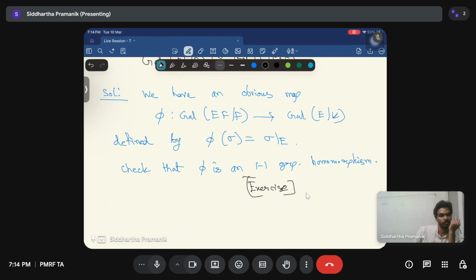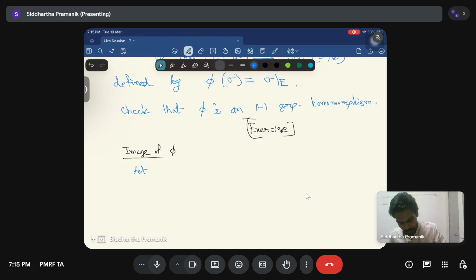Now let's determine the image of phi. Okay, so let H be the image of phi. Then H is a subgroup of the Galois group of E over K.